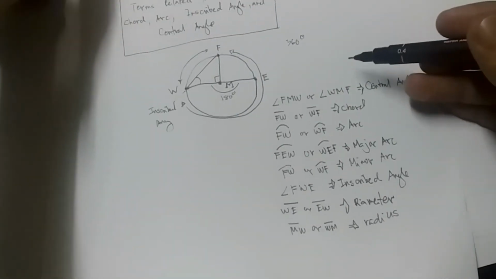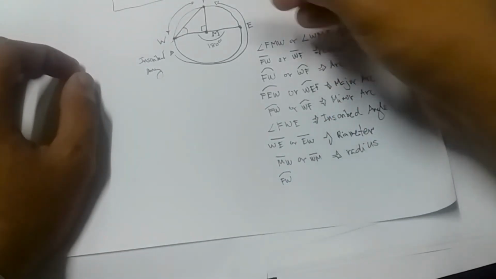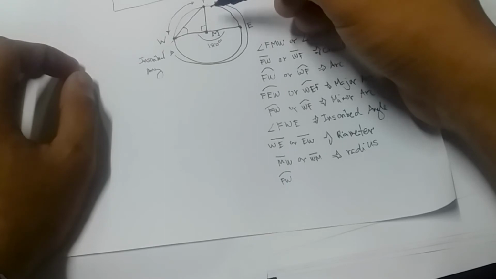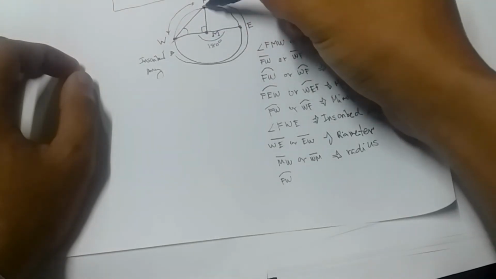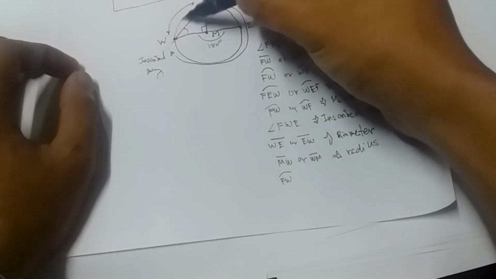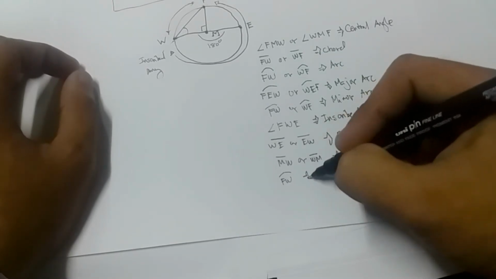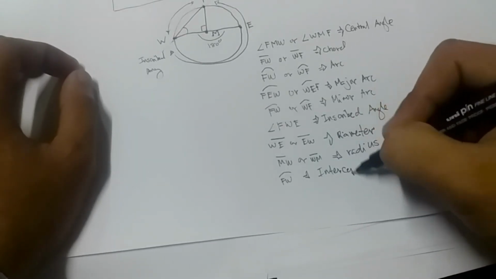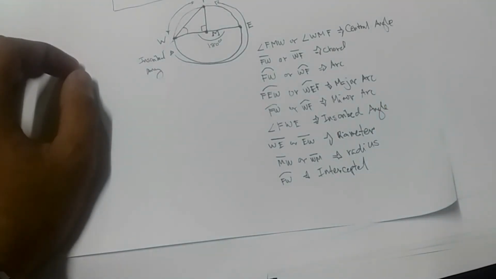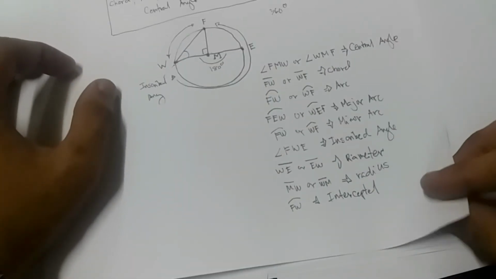One example of this is arc FW because it lies in the interior of an angle, the angle FMW, and this arc is what we call our intercepted arc. Notice that arc FW can be an intercepted arc, or the minor arc itself.